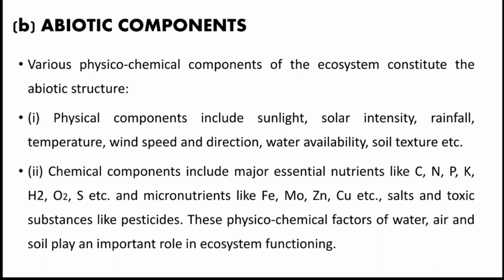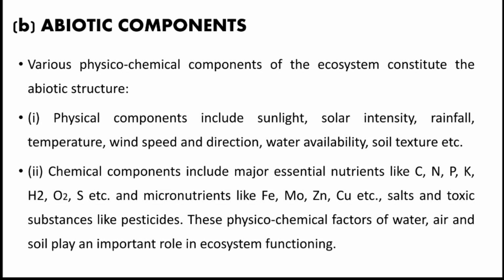Then the abiotic component. There are many physicochemical components of the ecosystem which constitute the abiotic component. Some physical components are sunlight, solar intensity, rainfall or precipitation, temperature, wind direction, water availability, and soil texture.